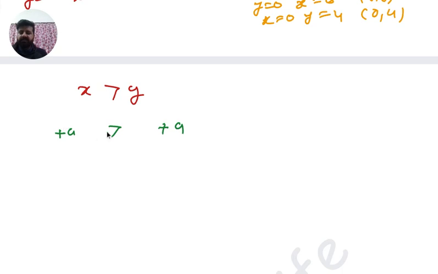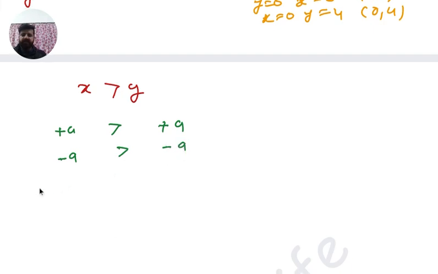Keep in mind, if you add something on the left hand side of an inequality, you have to add the same amount on the right hand side, and the sign of inequality will be the same. If I subtract something from the left hand side, the sign will be the same, and you subtract the same amount from the right hand side. If you multiply or divide by a, the sign will be the same.